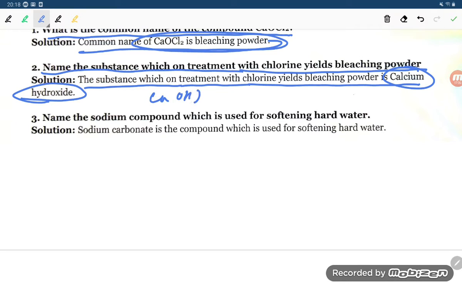So if you are treating calcium hydroxide with Cl2, student, it will give CaOCl2 plus water.